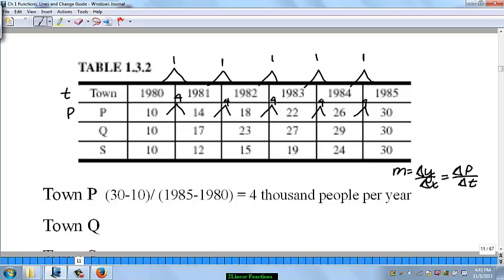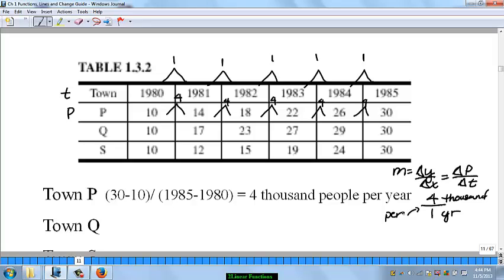So I look at the delta P, or the change, I'm getting 4,000 per year. So notice this is thousands of people for every 1 year. And if you see that line, it means the word per, or every year, 4,000 people every year. So this is a constant rate of change because every year it's going up 4,000 people.